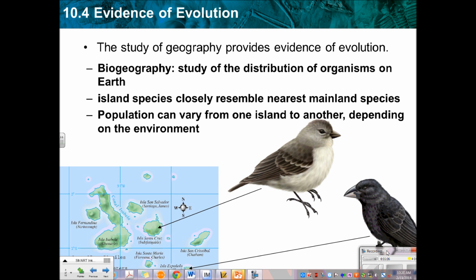Now they're isolated, not permanently, but basically they're isolated, right? It's going to take something drastic for that Galapagos tortoise to get to, I don't know what the closest island is. Say it's 10 miles through the sea. That's pretty tough. It's much easier just to stay on the island you're on, right? And then that gene pool, the genes that they have in that population are only being shared within that island. So depending on the environment, they slowly change to get better adapted.